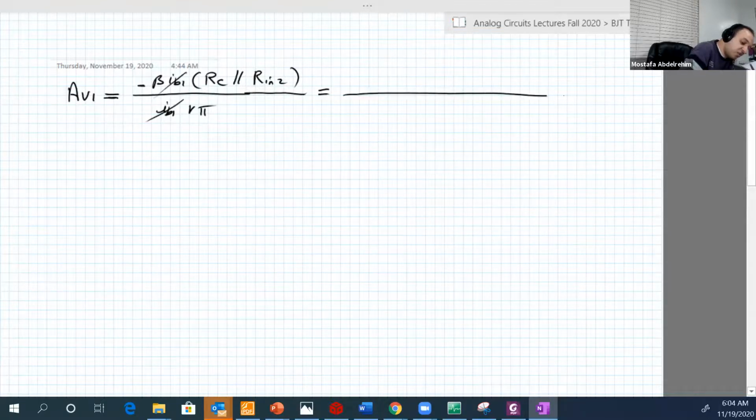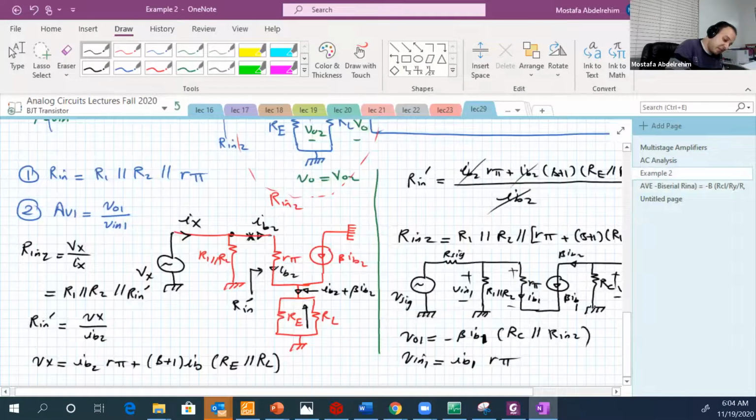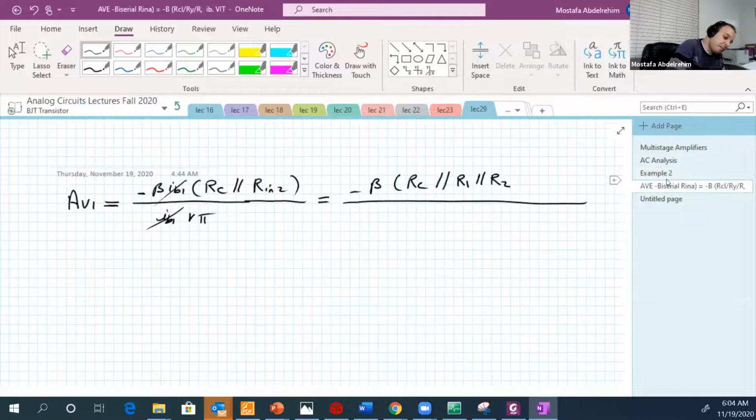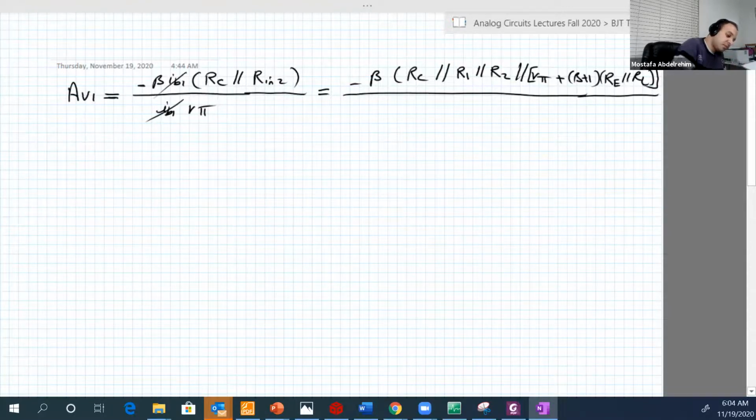So we end up with this very long equation, minus beta RC parallel, and R input 2 is R1 parallel R2, parallel R pi plus beta plus 1 RE parallel RL, over R pi.